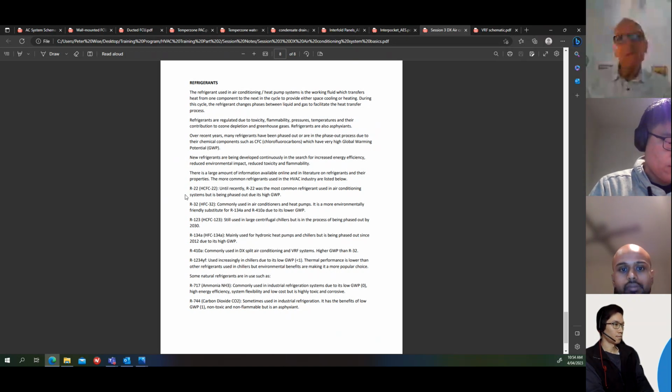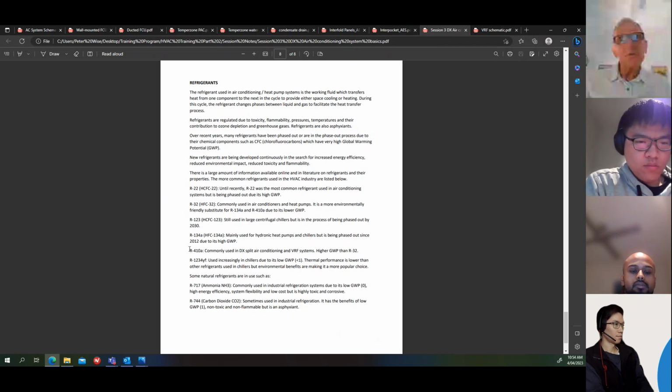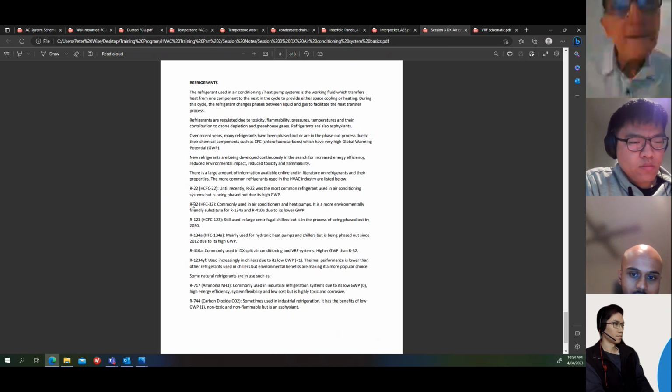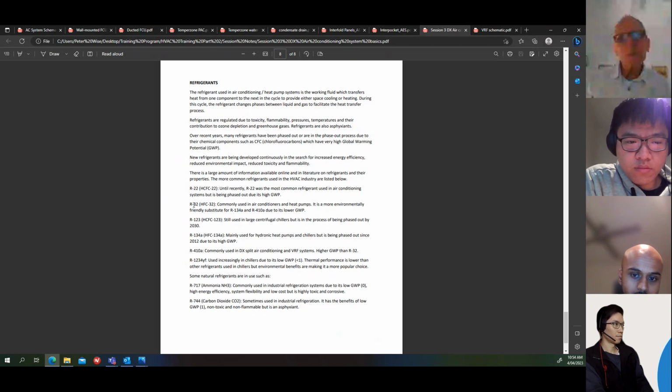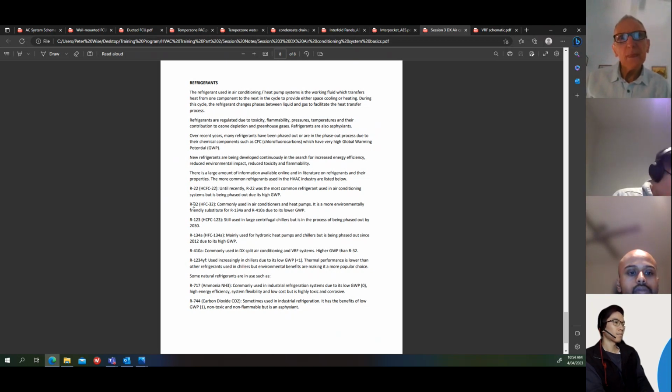So now, for the smaller systems, it'll be either R410A, you'll see that, or R32. R410A has a higher GWP, global warming potential, than R32. So there are still some units being manufactured with R410A, but it will be phased out, and R32 will take over.